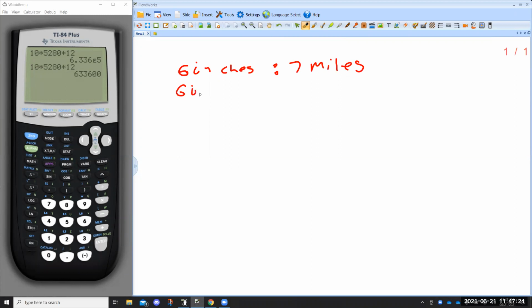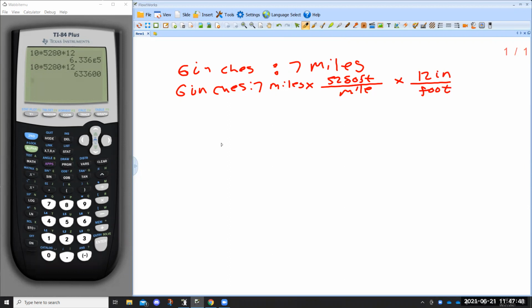We have 7 miles times 5280 feet per mile times 12 inches per foot.